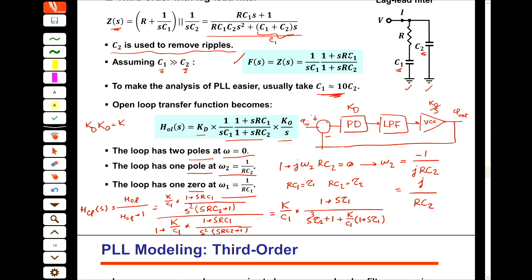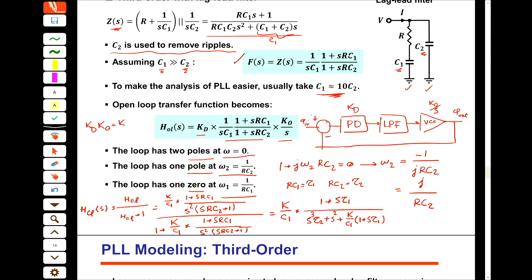Am I right or not? Excuse me, this is S squared. Okay, it's like this.